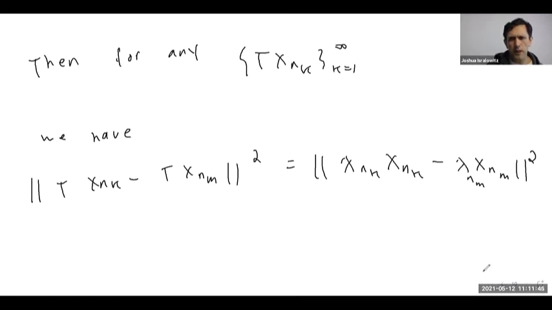But T is self-adjoint, so by using the Pythagorean theorem, this is going to be equal to the sum of the squared norms of lambda_{n_k} x_{n_k} and lambda_{n_m} x_{n_m}.